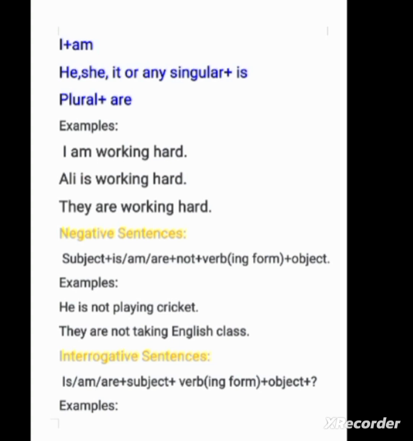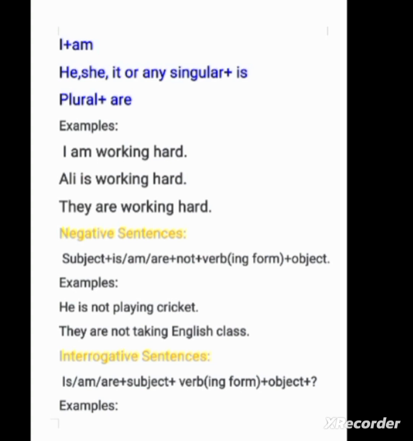Just have a look at the examples. I am working hard. Ali is working hard. Here in these examples, I used all three helping verbs: is, am, are. I use am with I, is with Ali, and are with they: they are working hard.